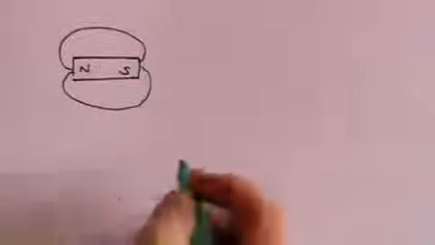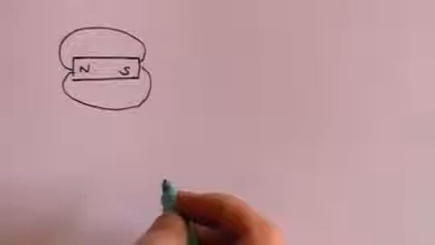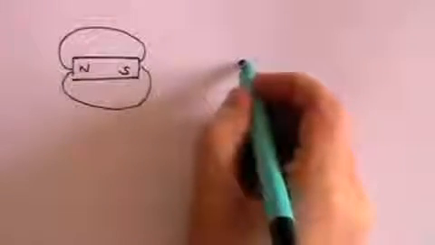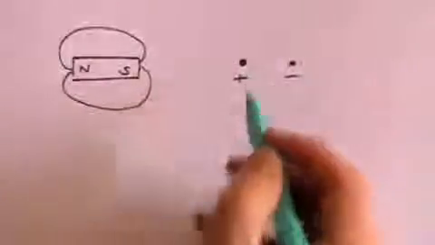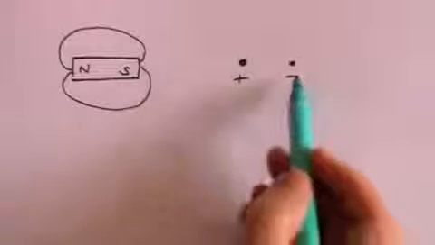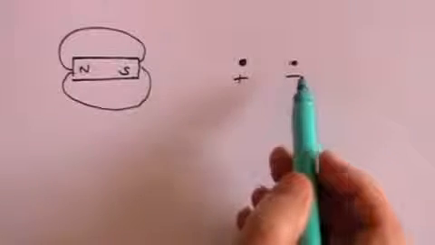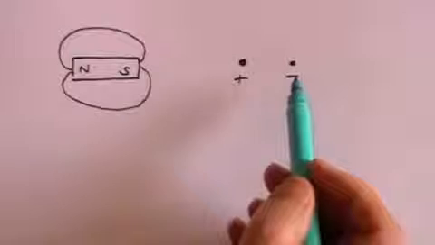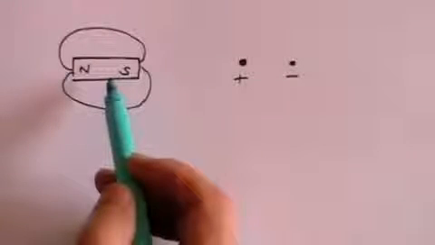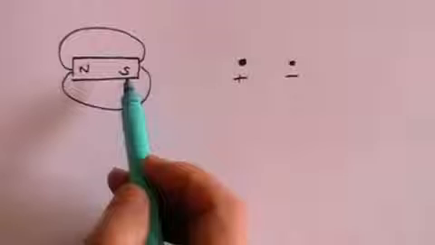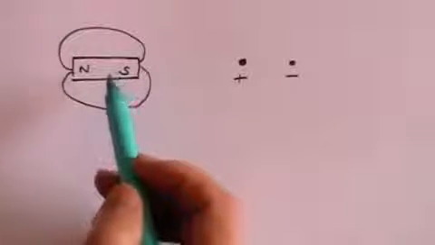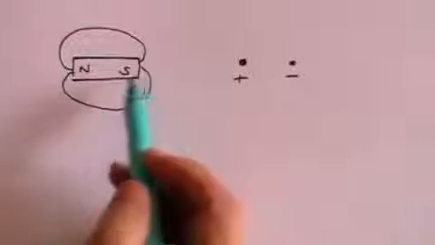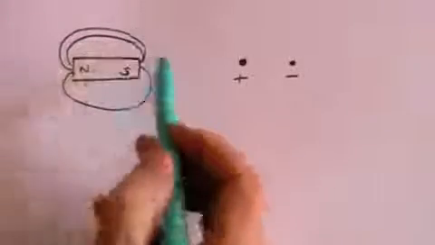An important thing about a magnet, and what distinguishes it from an electric charge, is that whilst you can have an electric charge that is positive or negative, for example, a proton is positively charged, an electron is negatively charged, and you can have those entirely separately, you can never have a north pole on its own or a south pole on its own. Theoretically, they could exist, but they've never been found. In other words, you can never have a single pole. They always come together and the magnetic field flows from north to south.